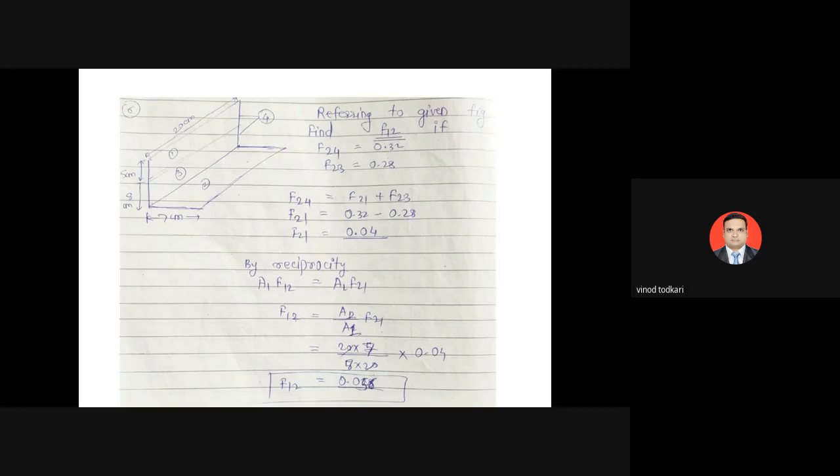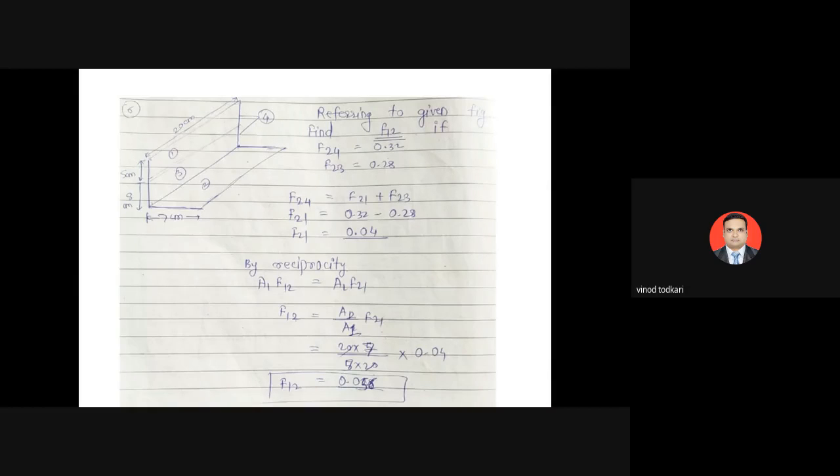I repeat, we can apply the summation theorem. Mathematically, I can write F24 is equal to F21 plus F23. Tell me, is it clear to you?